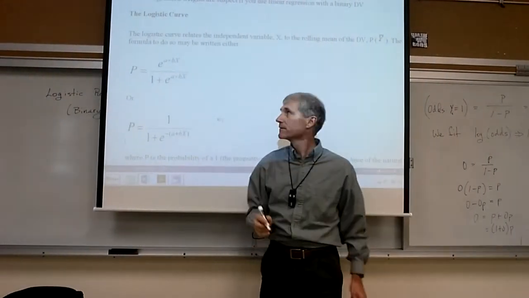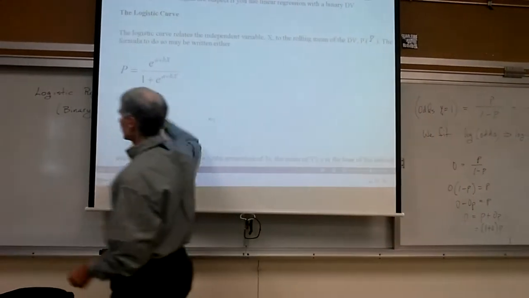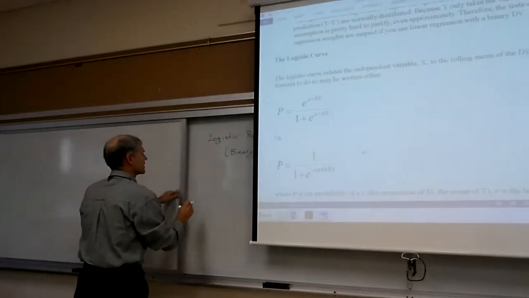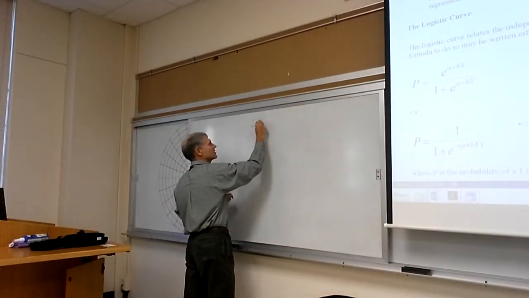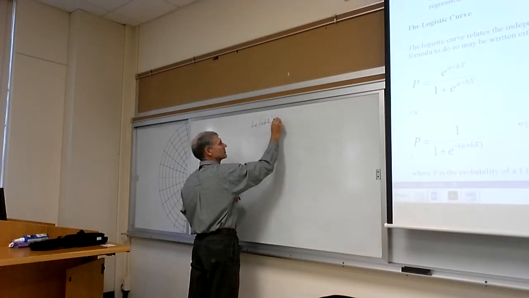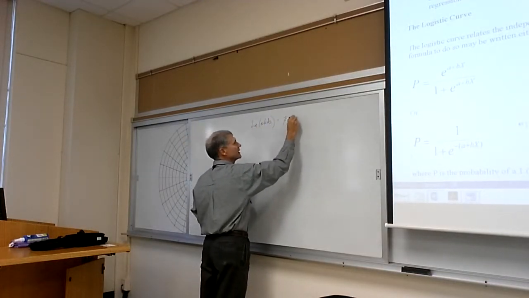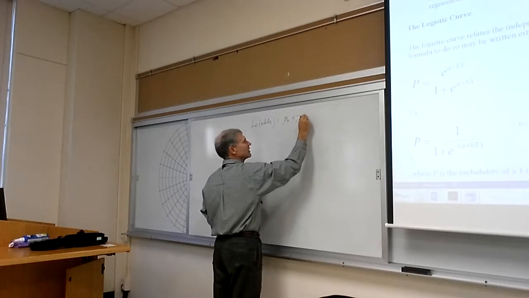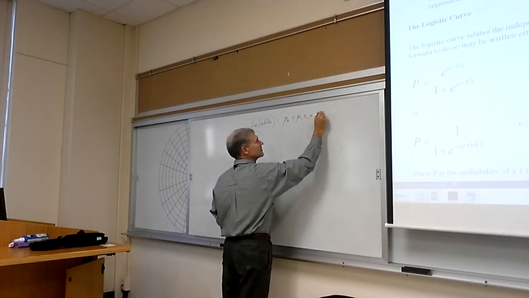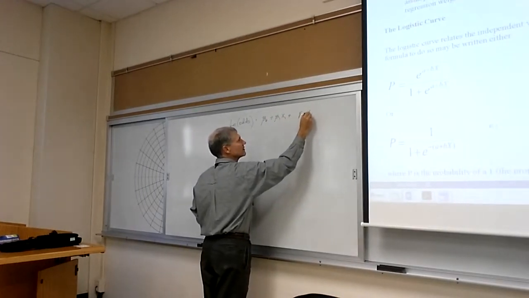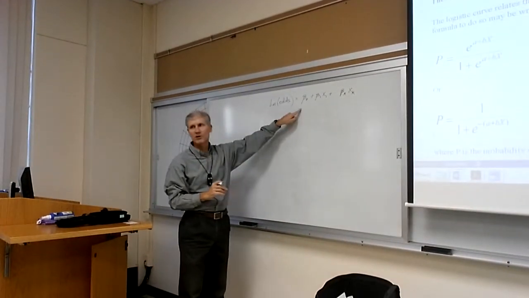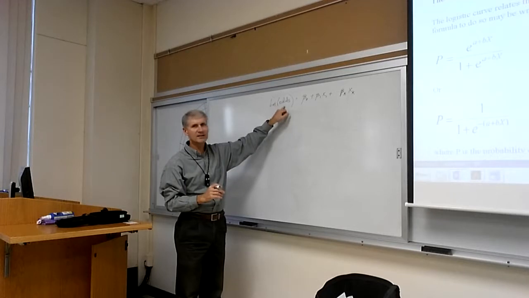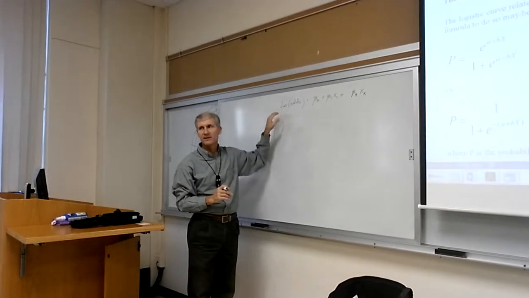So if I take the log odds, and we'll use natural log, the log odds is equal to some linear function of x's. If I exponentiate both sides of this, I get odds back, right?